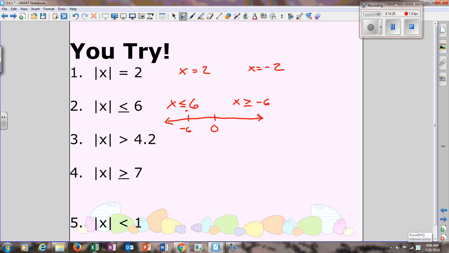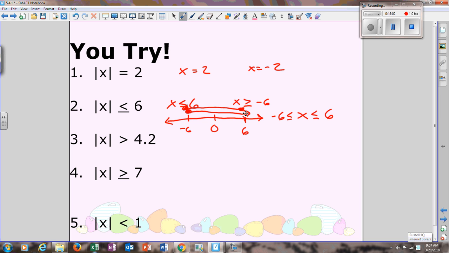And you can kind of already tell that it's going to be an and. So your final answer would be negative 6 less than or equal to x less than or equal to 6. So it's just saying x is any number in between those two. See how x is in between the two? And x would have to be any number in between the two.